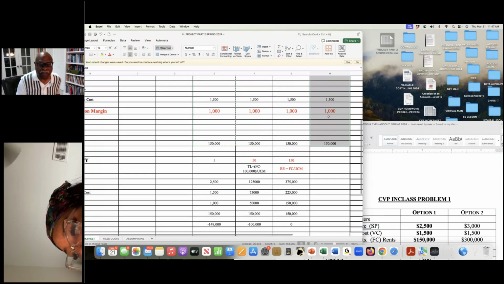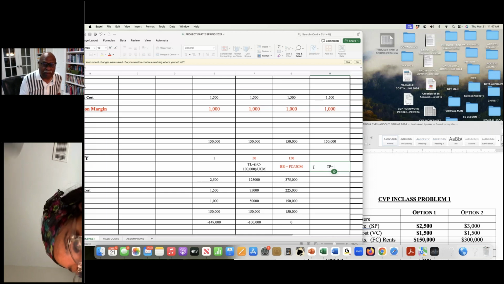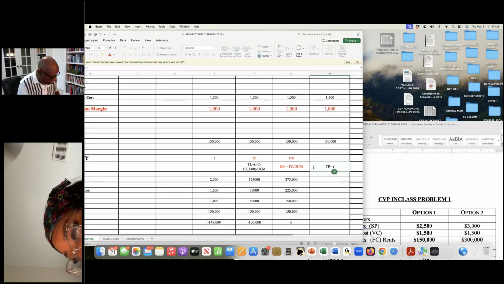And what's our formula for target profit? If we're just writing it down, target profit equals what? Fixed costs plus the target profit, correct, divided by what?